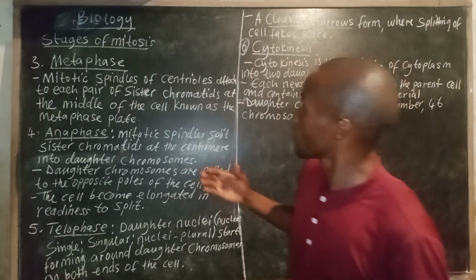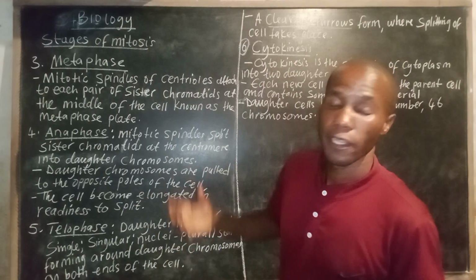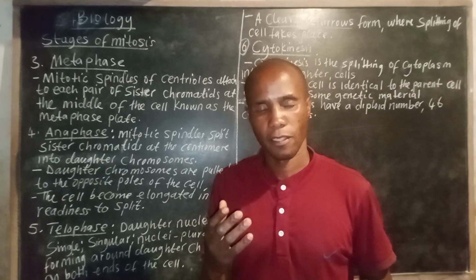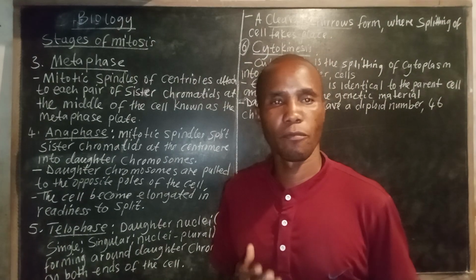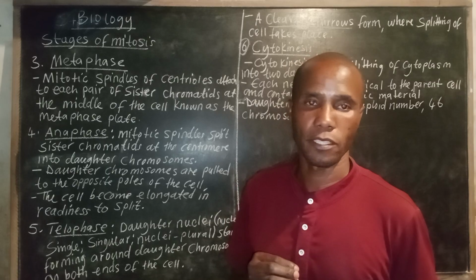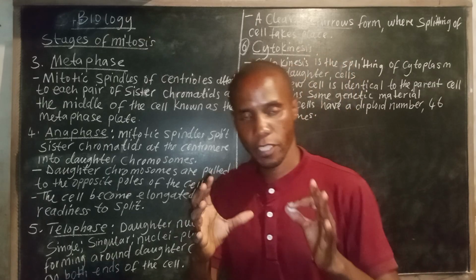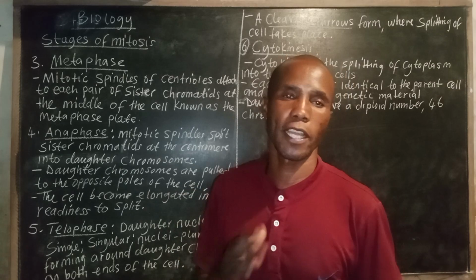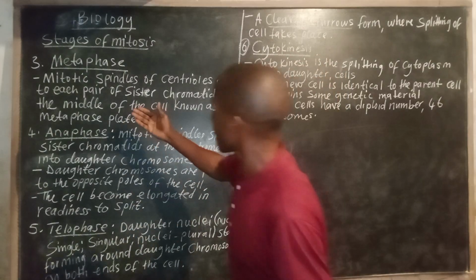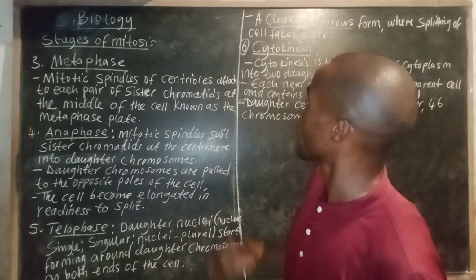So this structure is now being formed there in order to help the division of parental cells. Okay, in short, the division of what? Chromosomes into two daughter cells.